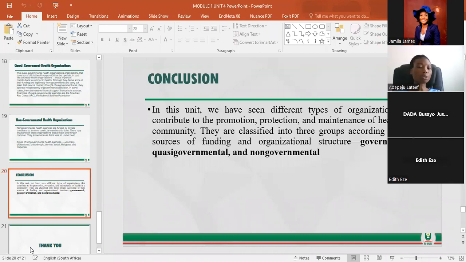They are what and what? Structural governmental, quasi-governmental, and non-governmental. Excellent. So when you see it in an exam or in your TMA, please don't put something else.